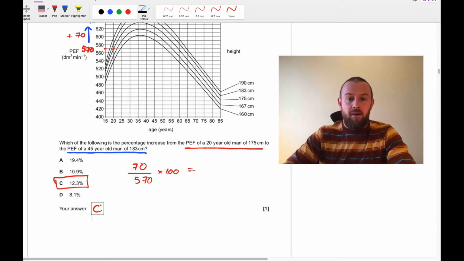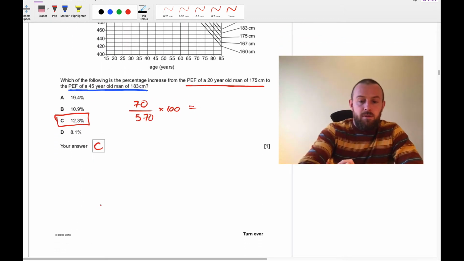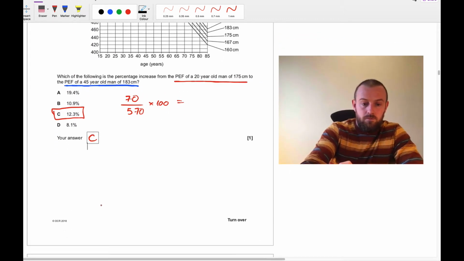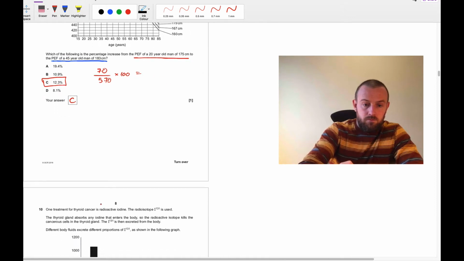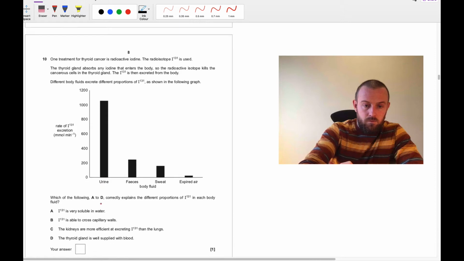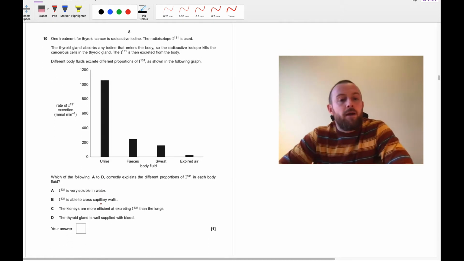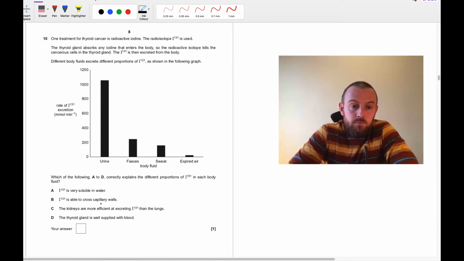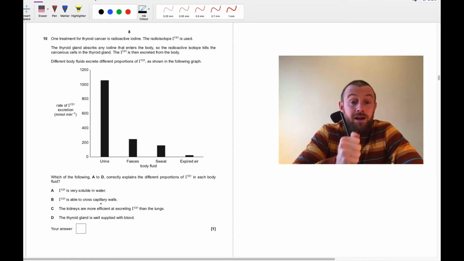Tricky graph reading there. Okay, zoom out again. Okay, question 10. One treatment for thyroid cancer is radioactive iodine. The radioactive isotope I-131 is used.